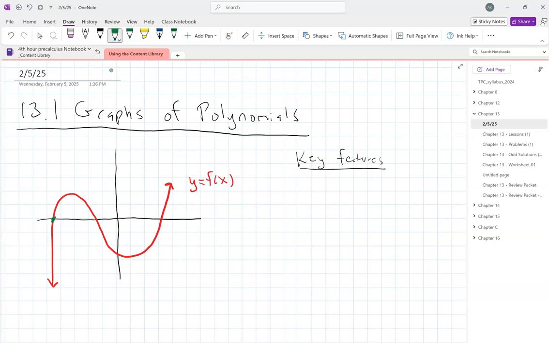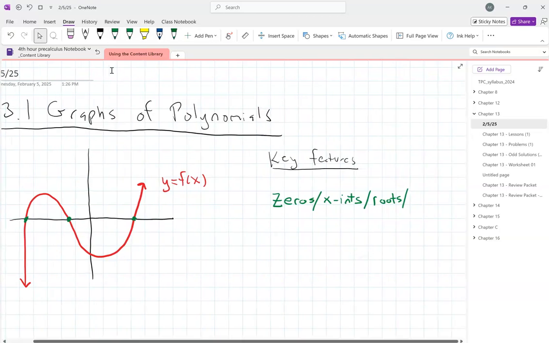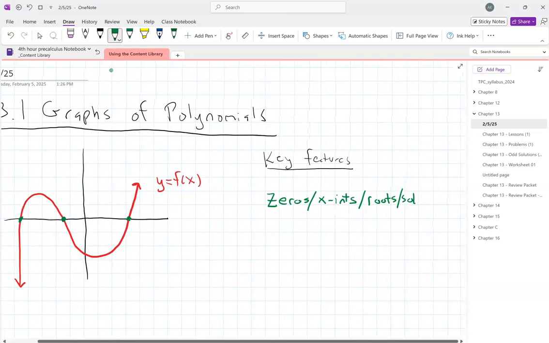So you have those points, which we call zeros, or maybe we call them x-intercepts, or maybe we call them roots, or even we can call them solutions.